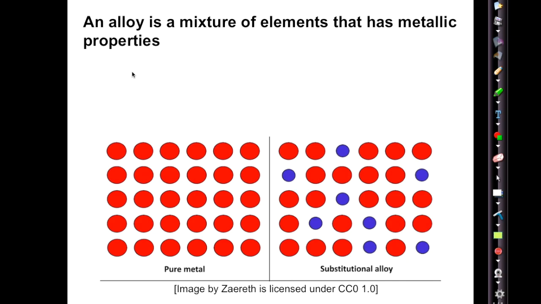So alloys come in two different varieties based on the way that they are manufactured. The first is what we refer to as a substitutional alloy. So we're looking at an image here that shows us a substitutional alloy. In a substitutional alloy, we see that metal atoms in the lattice are actually replaced by other elements with similar atomic size.